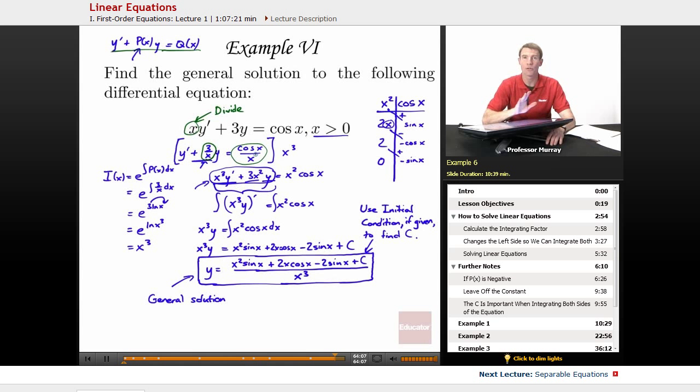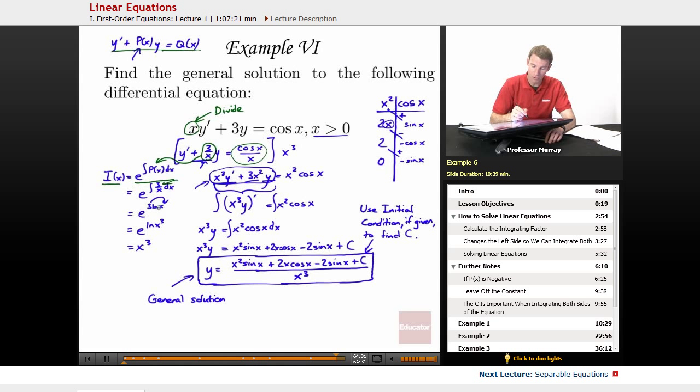And now I can use my generic solution method for linear differential equations, which is to use the integrating factor, which is e to the integral of p of x, and that p of x is the 3 over x. It's whatever is in front of the y. If there's a negative sign, you have to include that as well, but in this case there's no negative sign. So we have e to the integral of 3 over x.